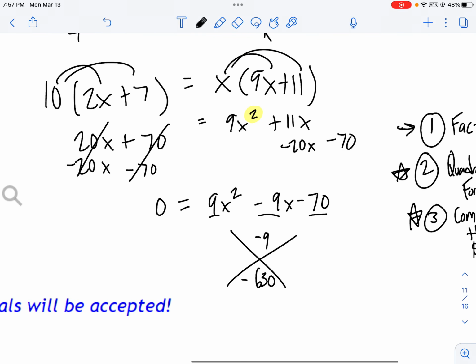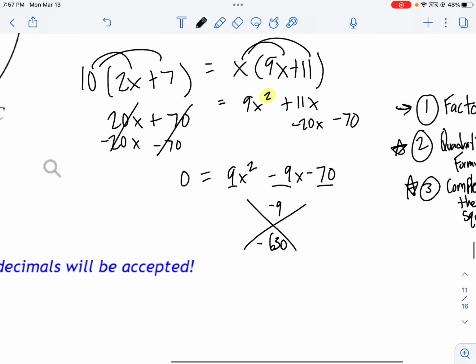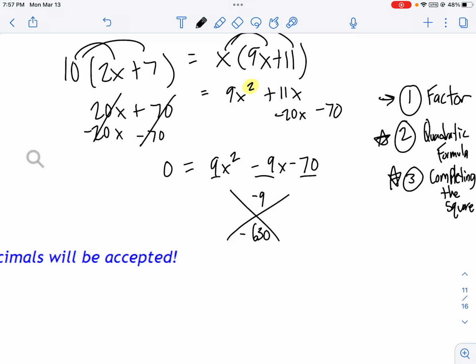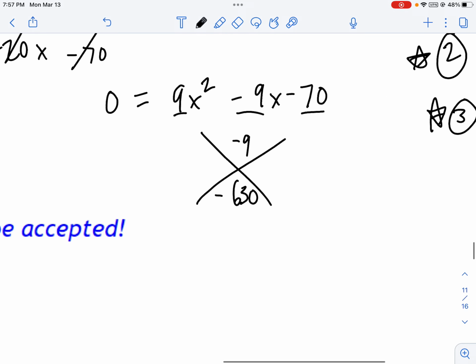Let me make sure. Yeah, I wrote that down right. So now we're at this interesting crossroads where we are finding two numbers that multiply to 630 and add to negative 9.